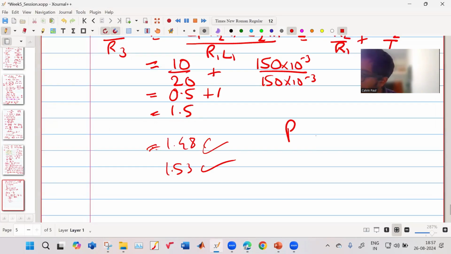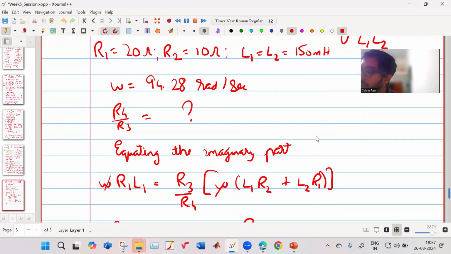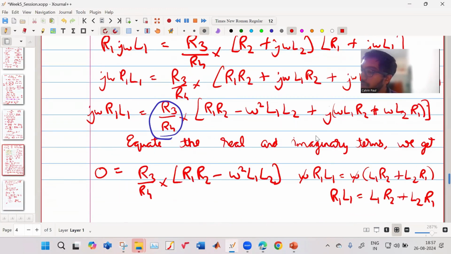For the balance condition, there is a real part and an imaginary part. The only thing we can change is the frequency. This is the expression for the real part.